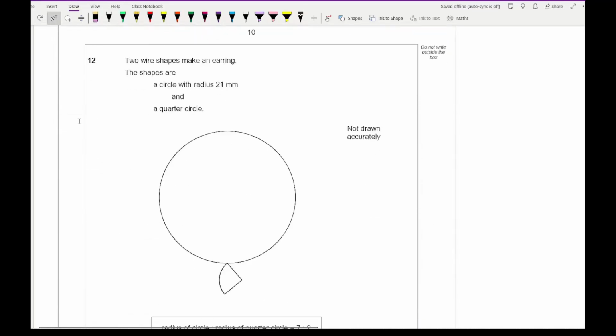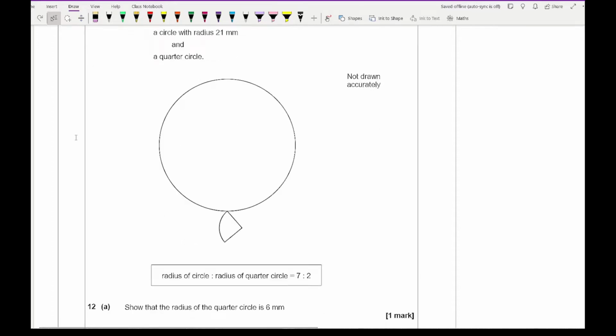Now working with question 12, it says that 2 wire shapes make an earring. The shapes are a circle with a radius of 21 millimeters and a quarter circle. And it says that the ratio of the radius of the circle to the radius of the quarter circle is 7 to 2. Show that the radius of the quarter circle is 6 millimeters. So here what we want to do is we've got 21 and we've got the ratio of 7 to 2.